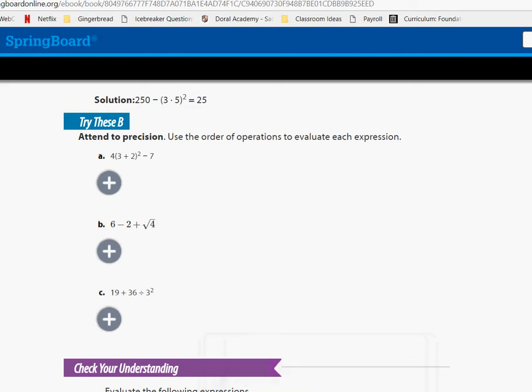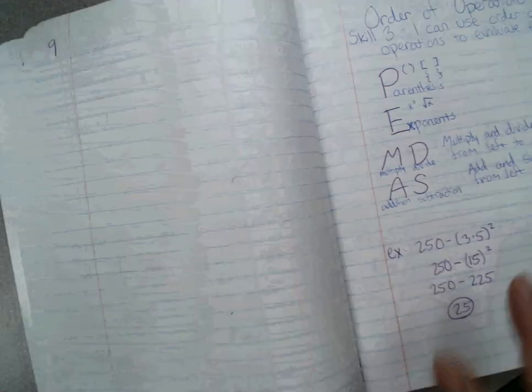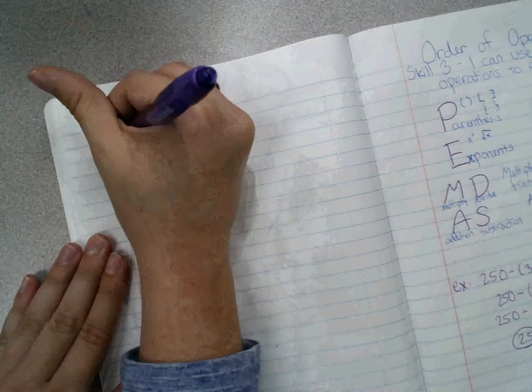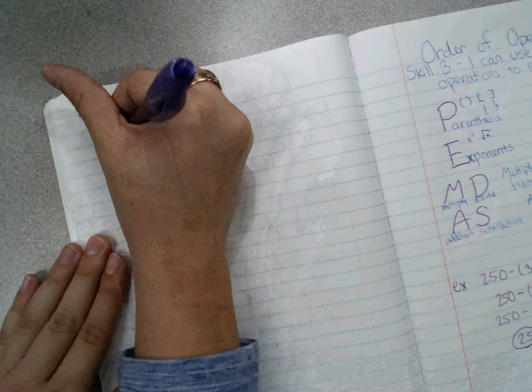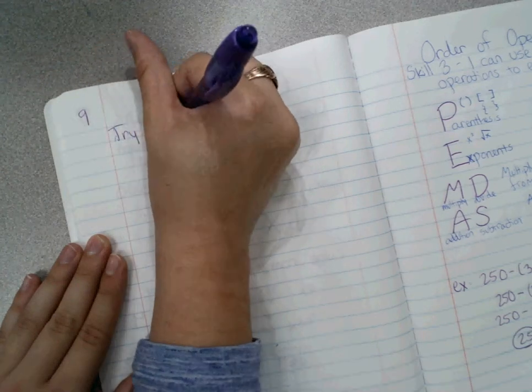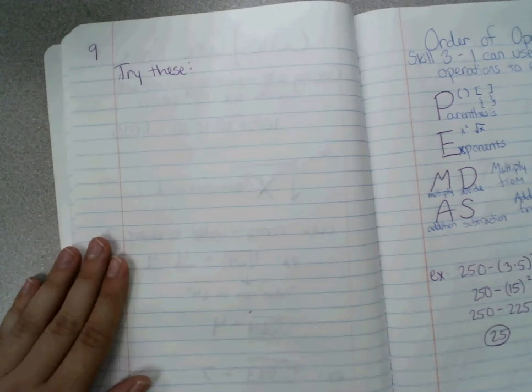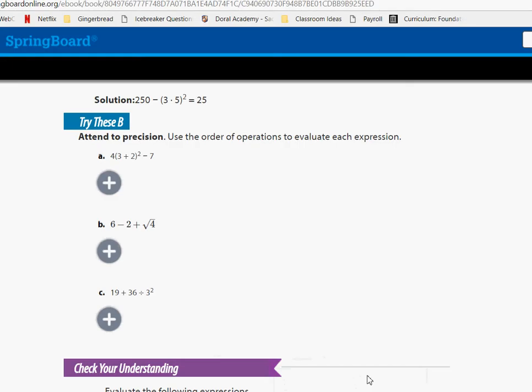I want you to try a couple examples to see how well you do, and then I'll go over the answers. Go on your other page to the left. I want you to try 6 minus 2 plus the square root of 4. Actually, I'm going to give you more than two. 19 plus 36 divided by 3 squared.